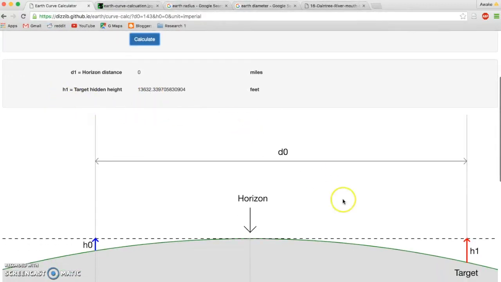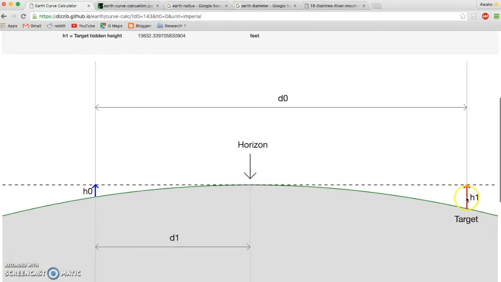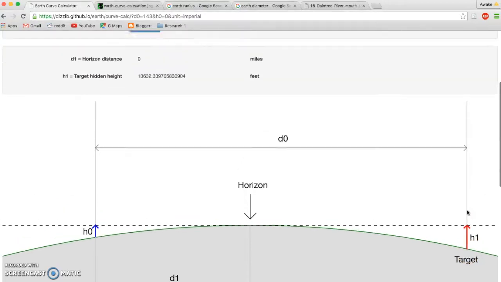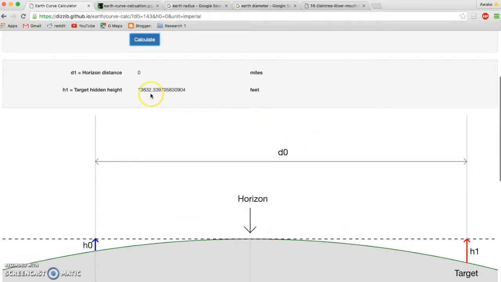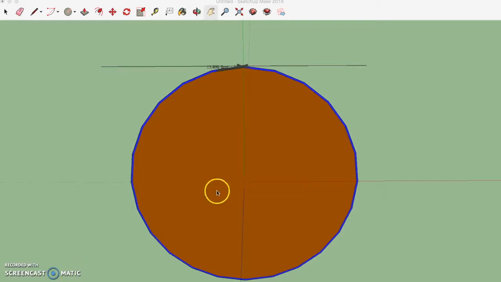So H1 is right here, H1. So this is right at sea level, and if the Earth is a ball and it curves, this distance, H1 at 143 miles, is 13,632 feet.